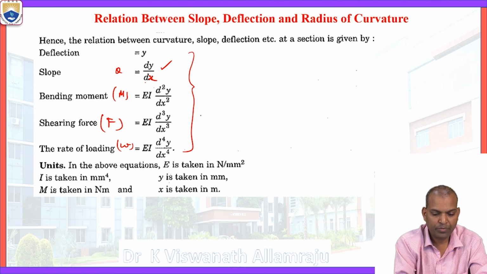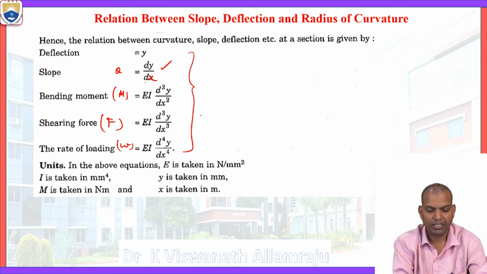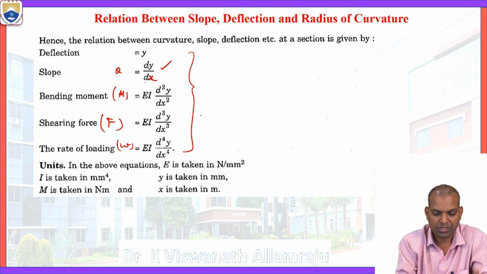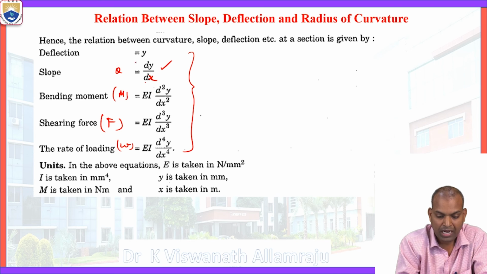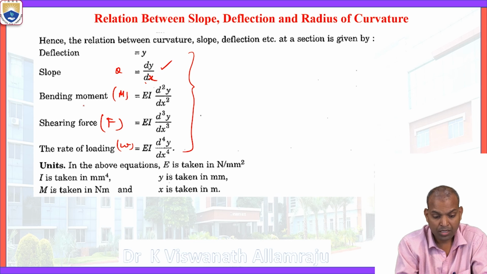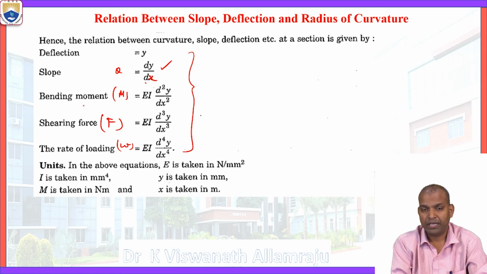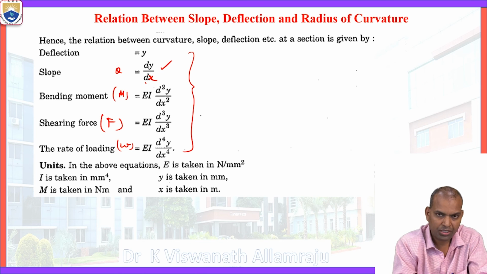Next, the bending moment equation, bending moment equal to EI times d square y by dx square. Here the radius of curvature is involved, dy by dx the slope is involved, and y the deflection is involved. Now, differentiating the bending moment with respect to x, shear force is obtained.